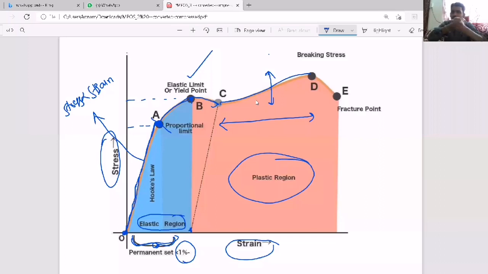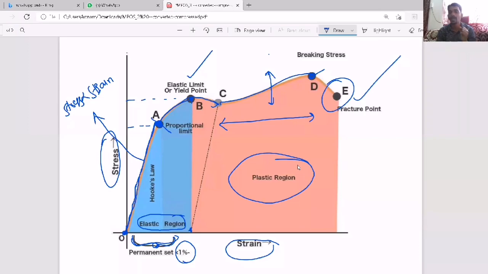If you keep applying, it will bear some maximum stress, which is called the breaking stress. Suppose 200 Newton is the maximum it can bear. You apply 200 Newton, nothing will happen. But after reaching that, even if you apply less than that, the body will break. The point where the body breaks we call the fracture point.